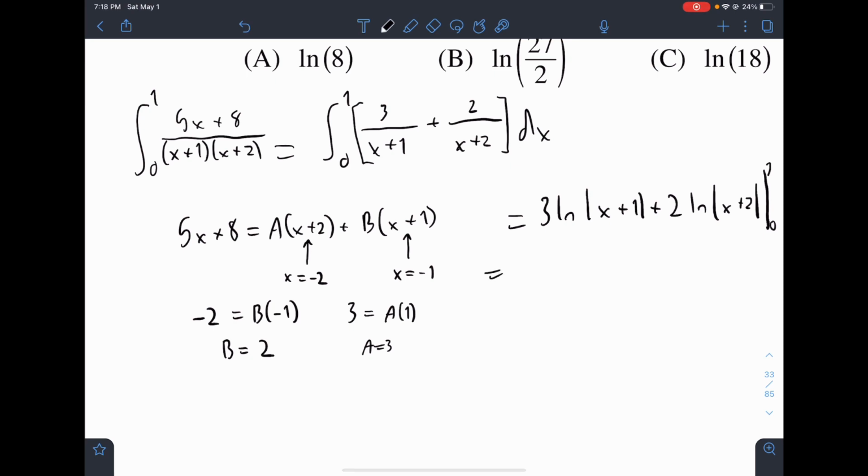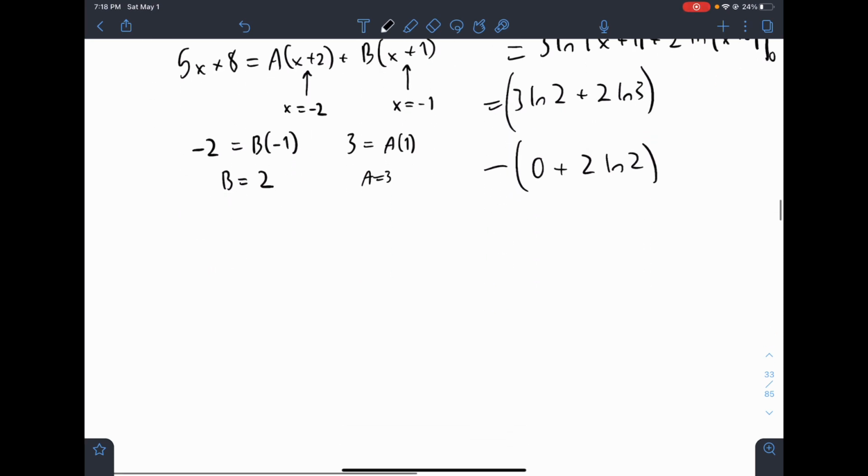So when we evaluate this at 1, it's going to be 3 ln 2 plus 2 ln 3 minus, and so ln of 0 plus 1 is ln of 1, which is 0, plus 2 ln of 2.